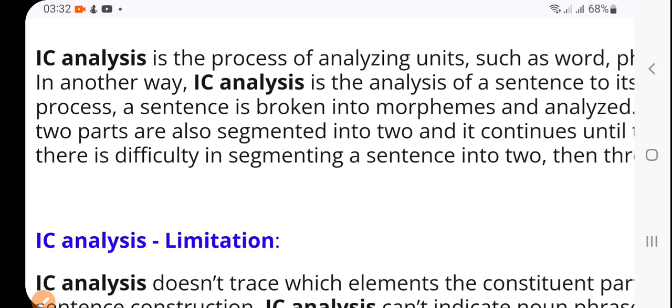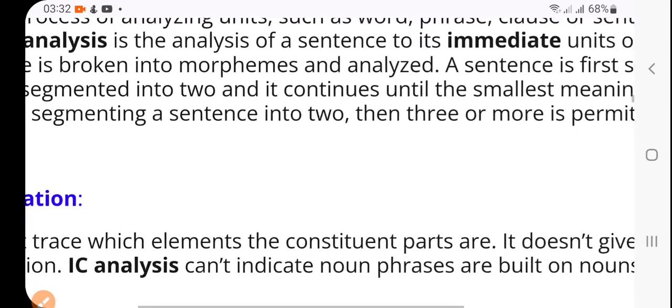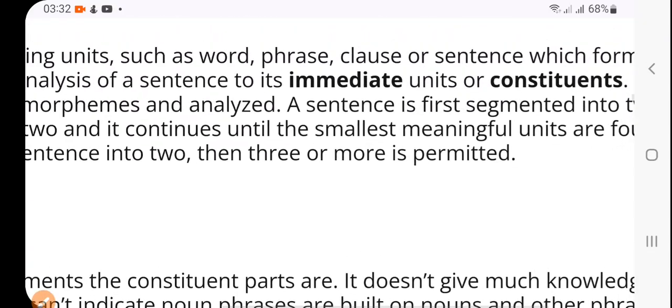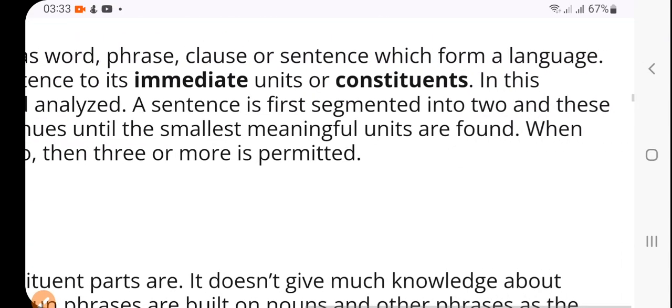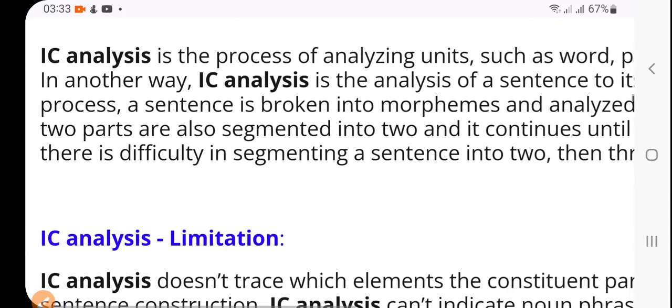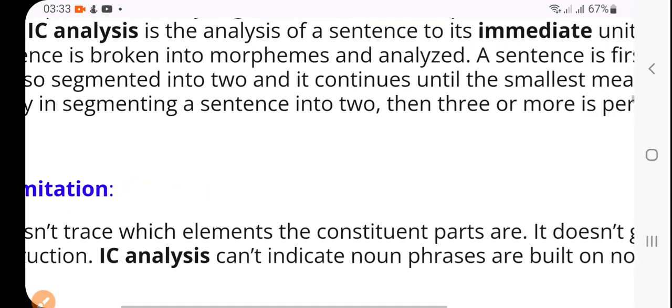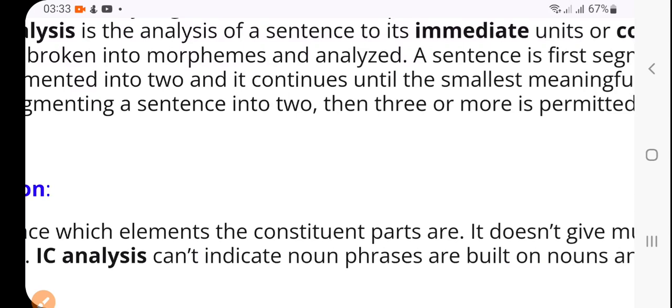And in another way, we can say that IC analysis is the analysis of a sentence into its immediate units or constituents. In this process, a sentence is broken into morphemes and analyzed.